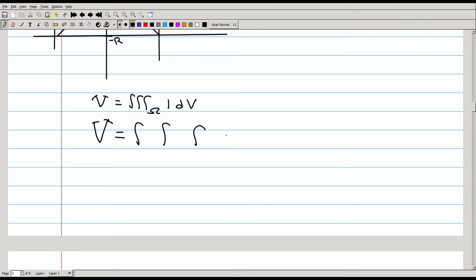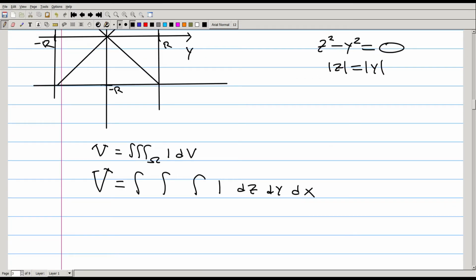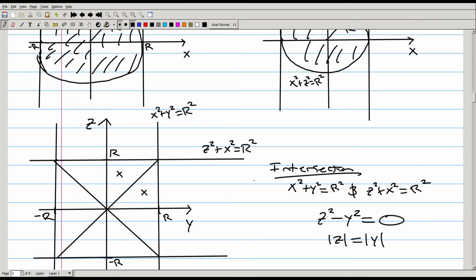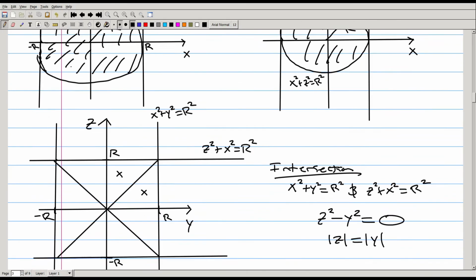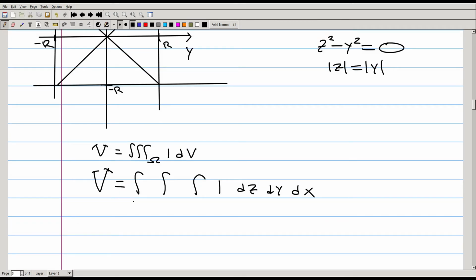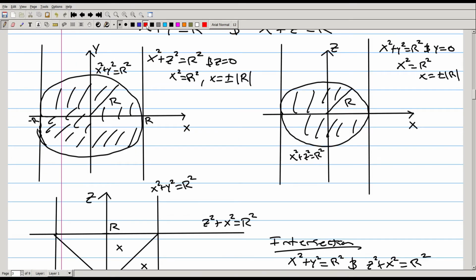The bounds of integration, if we integrate in the order dz, dy, dx, are going to be the following. Our outer two bounds here are y and x, so we go to the xy plane. In the xy plane, x is going from negative r to r. So this determines our most outer bounds in x here, because we're going from here to here.